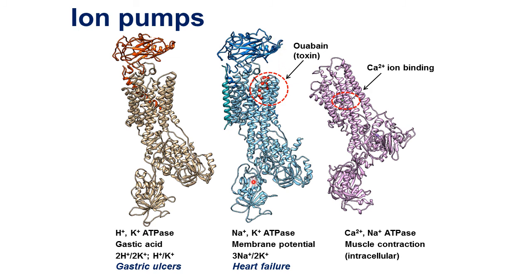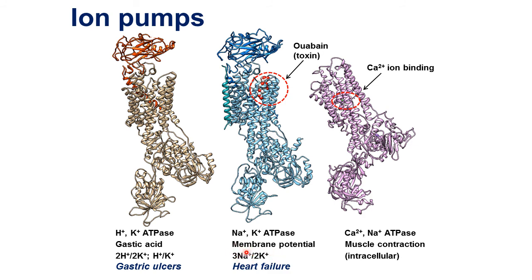The sodium-potassium ATPase is perhaps the best known, the best characterized ion pump. It contains three subunits, and it is different compared to the gastric proton pump in the sense that it is not electroneutral.